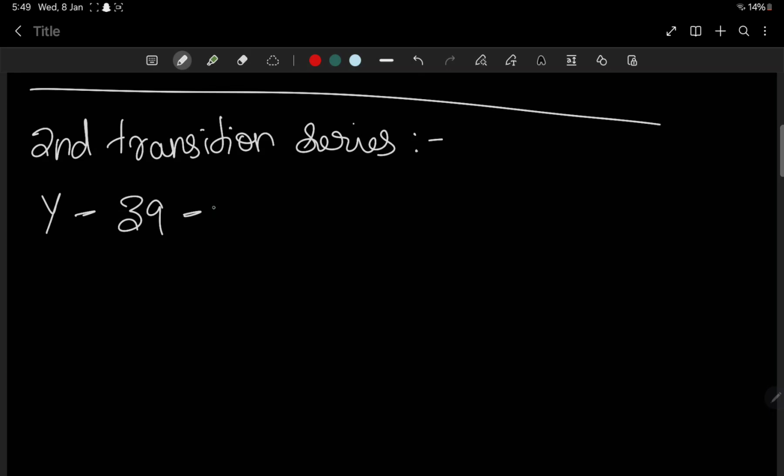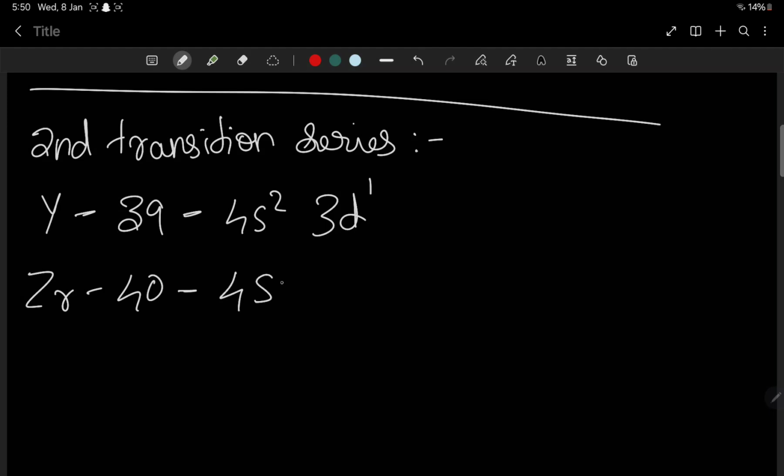Yttrium 39, electronic configuration 5s2 4d1. Then zirconium 40, it has 5s2 4d2.